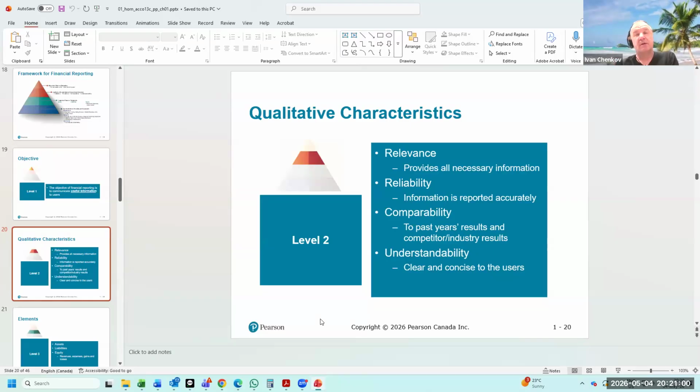To some extent, or in some instances, the accounting information can be very complex, and they might have to seek a professional advisor in order to make rational decisions.